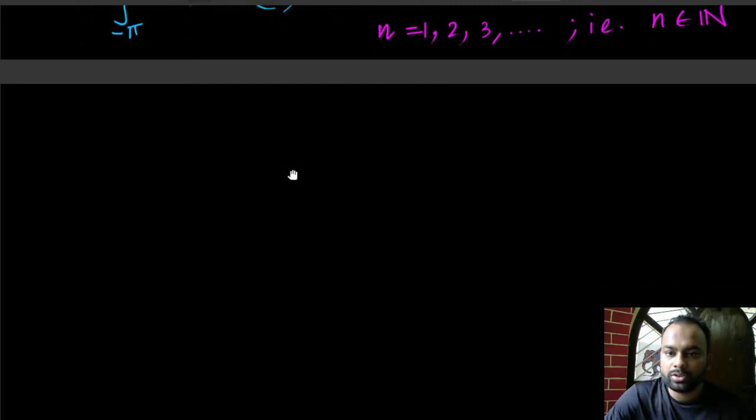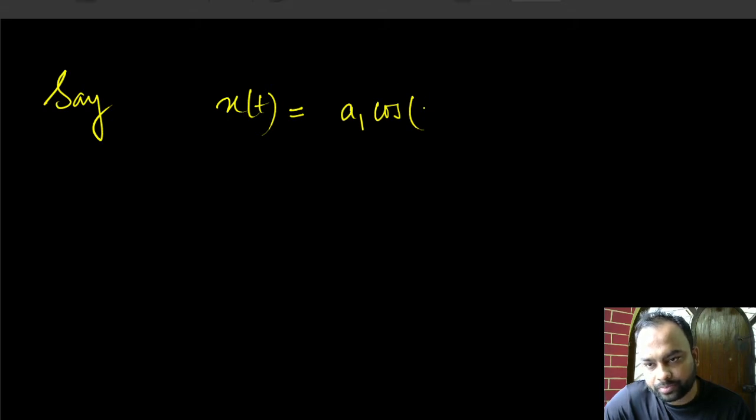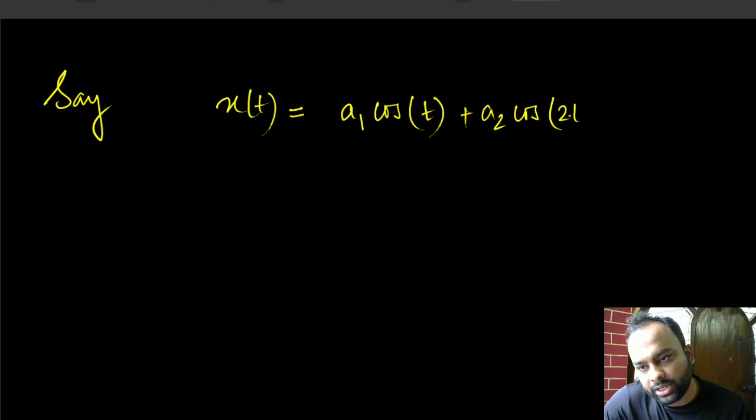So let me proceed with this. Now say I have a signal x(t) like this: a1 cos t plus a2 cos 2t and so on, plus an and so on.